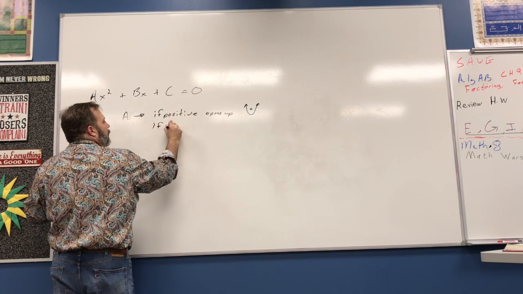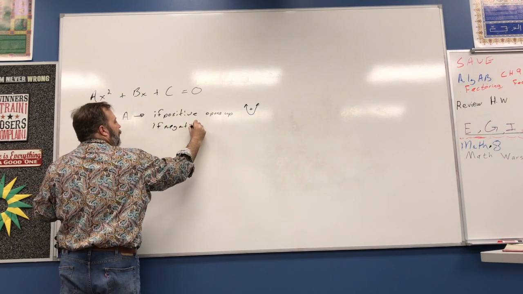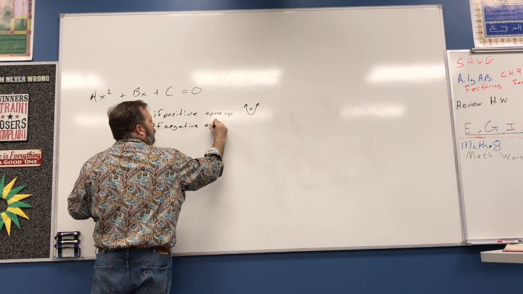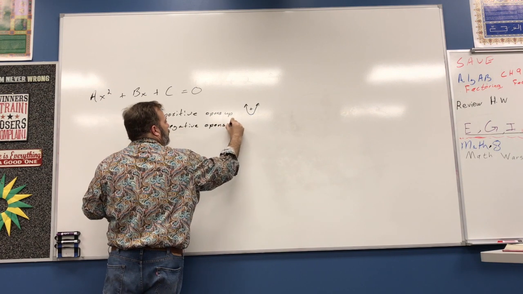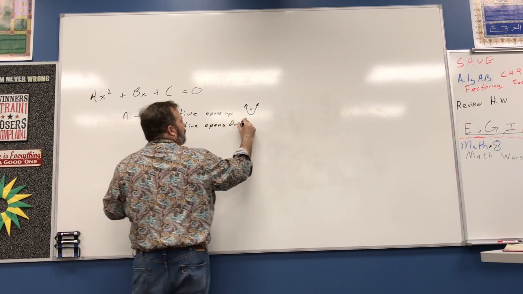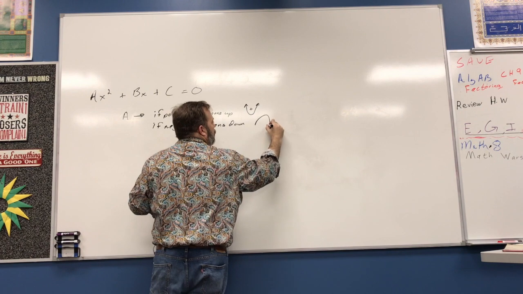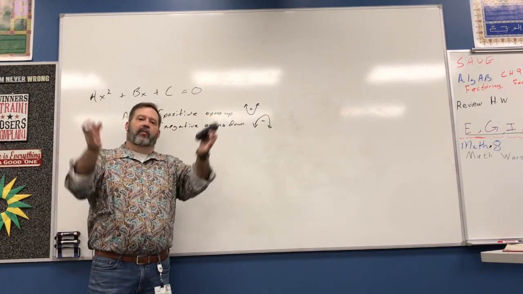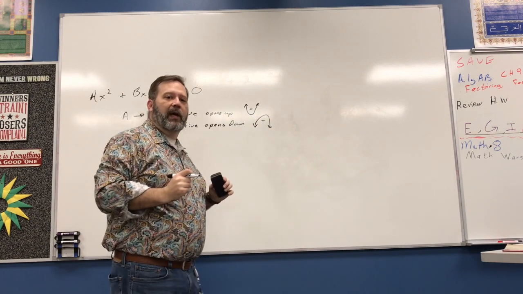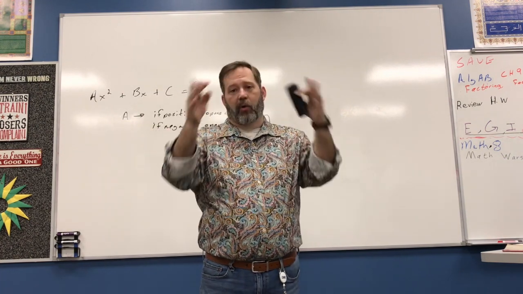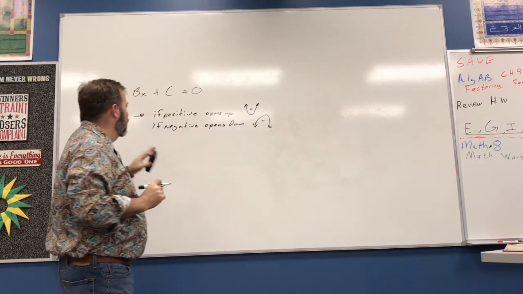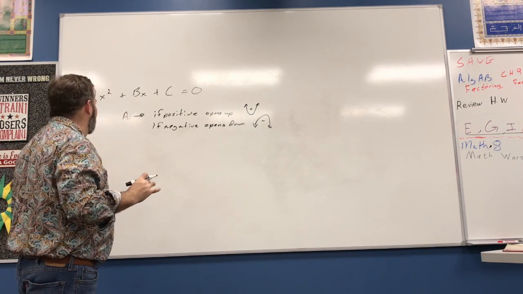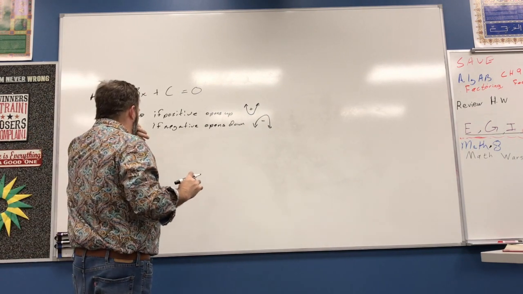If negative, it opens down. So if the A number is positive, we know the parabolic curve opens up. If we know it's negative, we know it opens down. Pretty simple, pretty easy. Don't overthink this. It's not too hard.